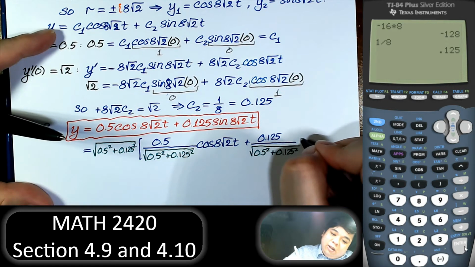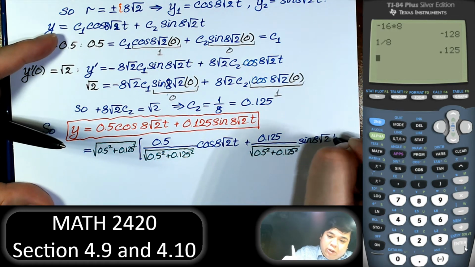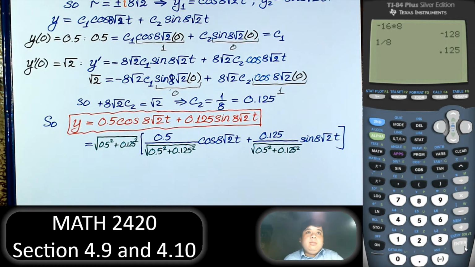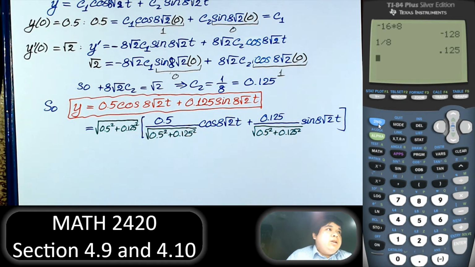And then sine 8 square root of 2t, right? Now let's get the values of that first. Square root of 0.5 squared plus 0.125 squared. That is 0.5154, right?